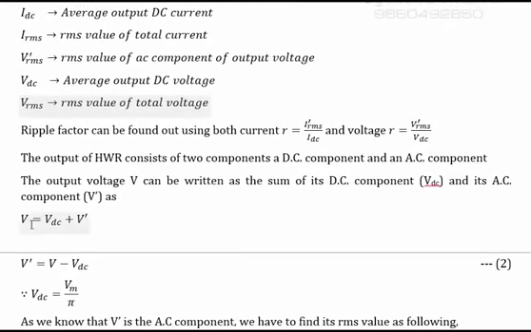Now we know that at the output we have a voltage that has a DC component and an AC component. But when we get AC at the output side, we generally get harmonics from that AC. Wherever we have an AC component at the output side, we may have harmonics from that component.